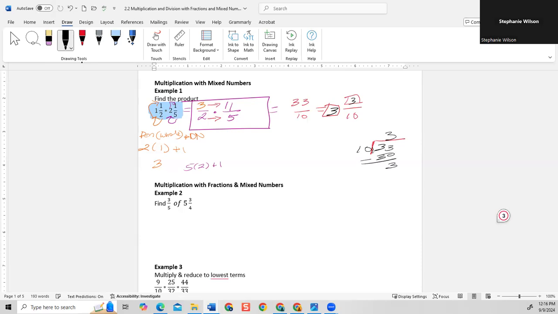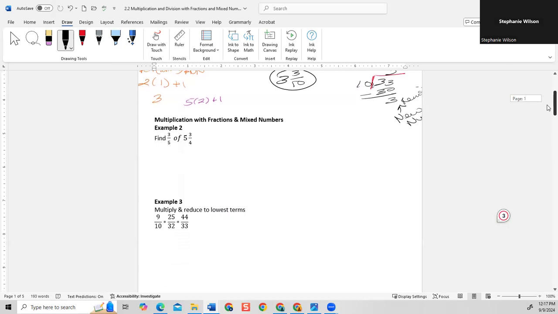Remainder of 3. There you go. This here gave me my whole number. This remainder gave me my new numerator. So this is an improper fraction, and this is the mixed number. Just make sure and check how it's asking you to answer it.